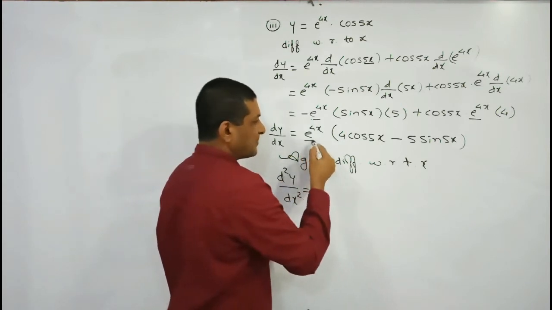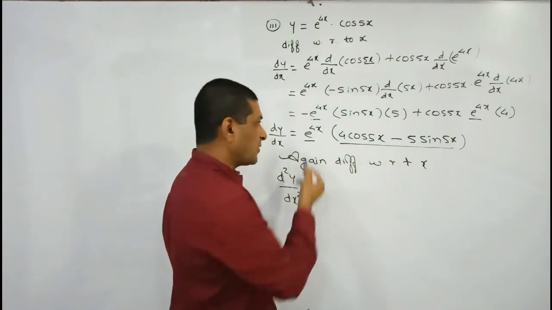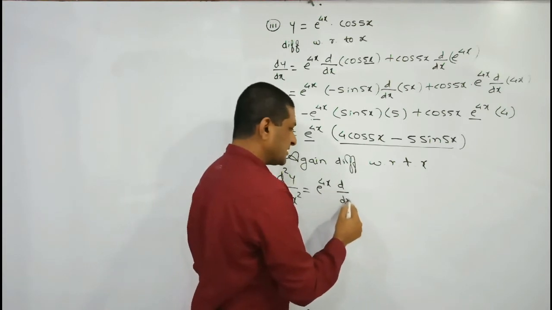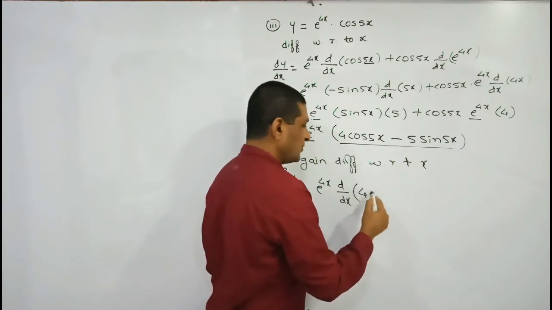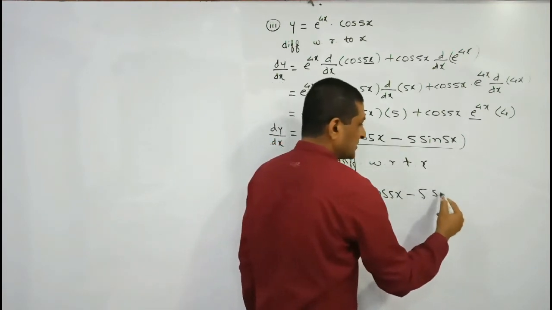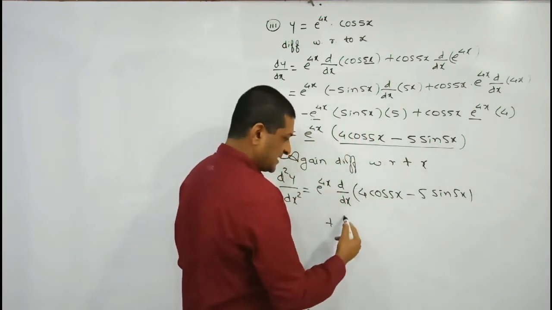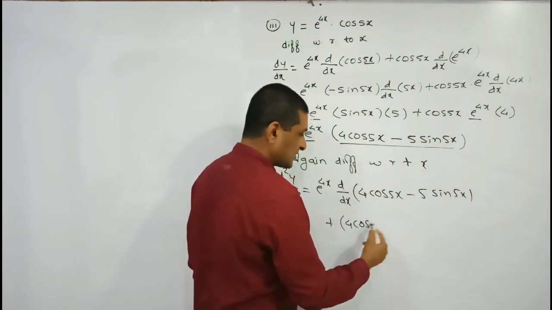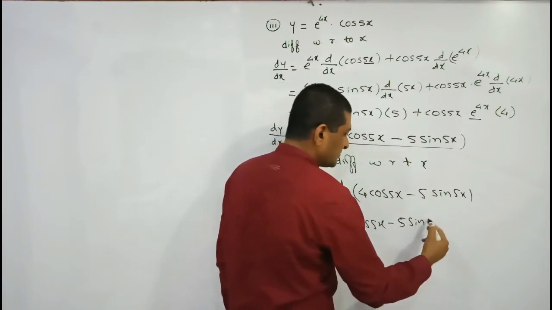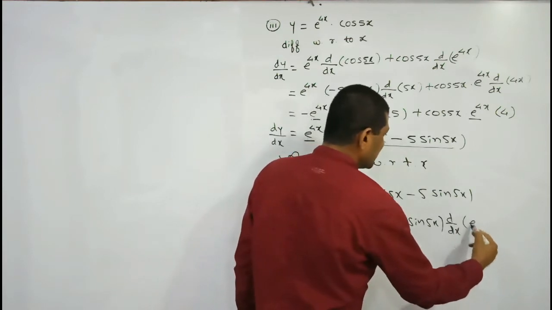On this side apply product rule, because product of two functions is there. According to product rule, keep first term as it is into derivative of second term. Second term means derivative of 4 cos 5x minus 5 sin 5x, plus second term as it is, means 4 cos 5x minus 5 sin 5x into derivative of first term, where first term is e raised to power 4x.